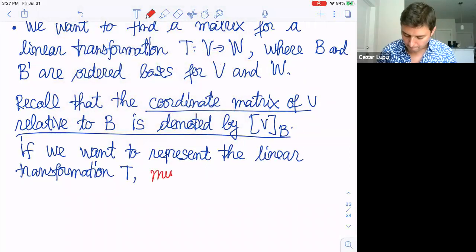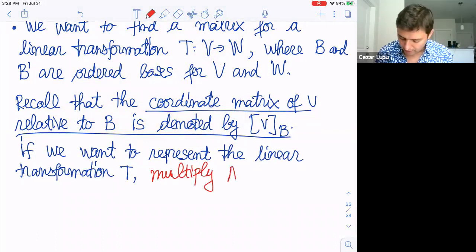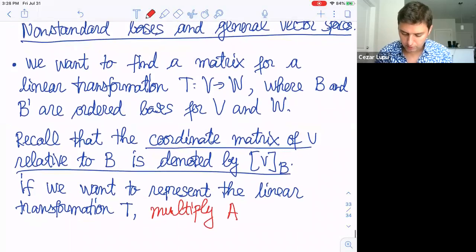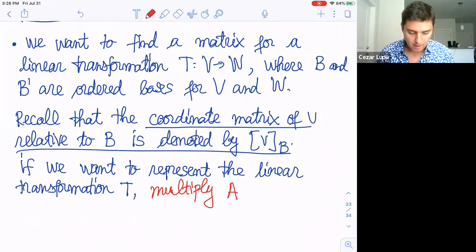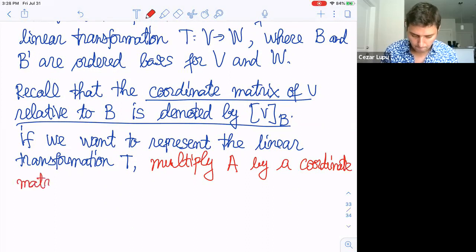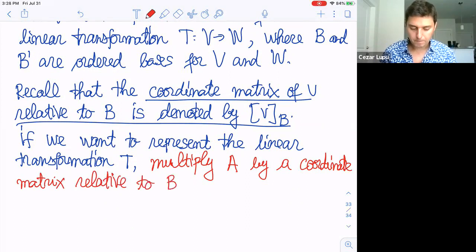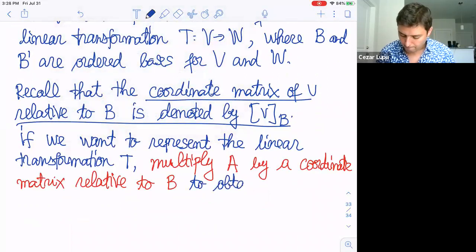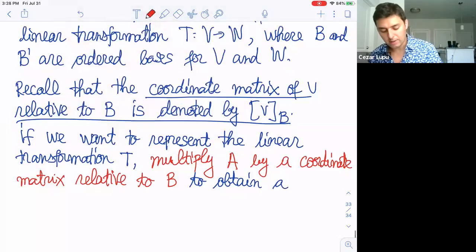Multiply the matrix A, which is the standard matrix for my linear transformation T, by a coordinate matrix relative to B, to obtain a coordinate matrix relative to the basis B prime.